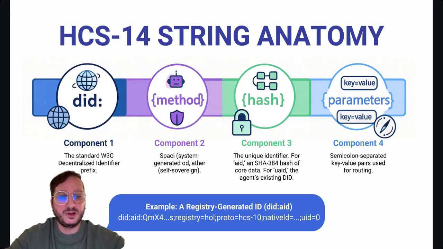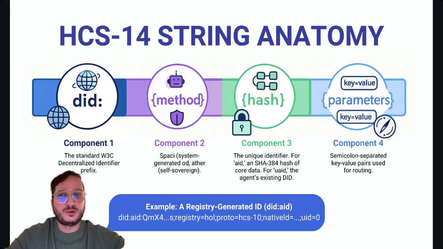Maybe it's 0 or 1, and then you have a UID of 0. So from an outsider's perspective, you can stick an HCS 14 or Universal Agent ID anywhere, and you should be able to figure out downstream where this agent is located, or at least you can find this agent on the registry and pull down its profile and more advanced information.